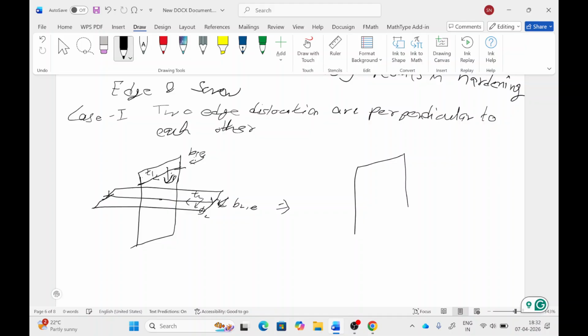the resultant dislocation line will be like this.